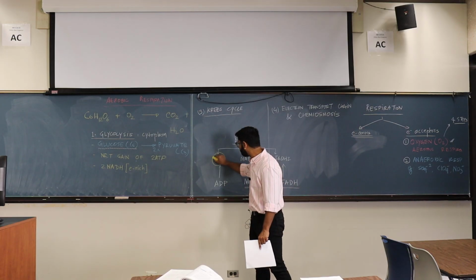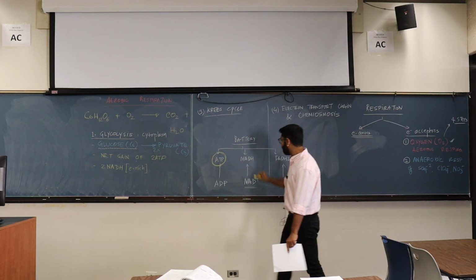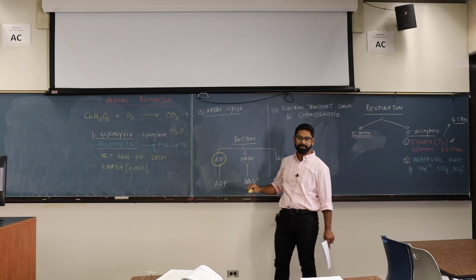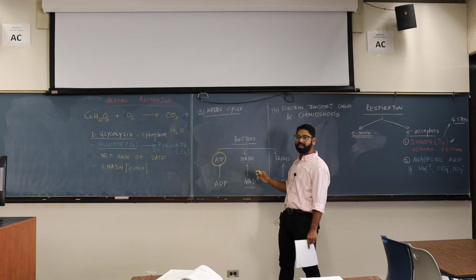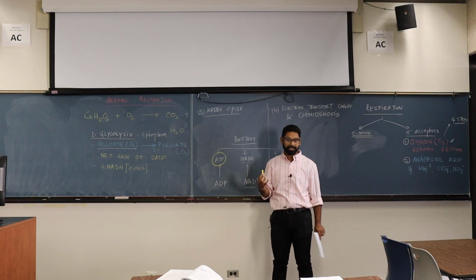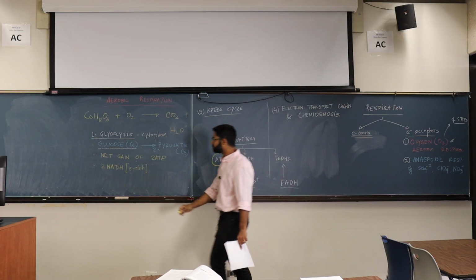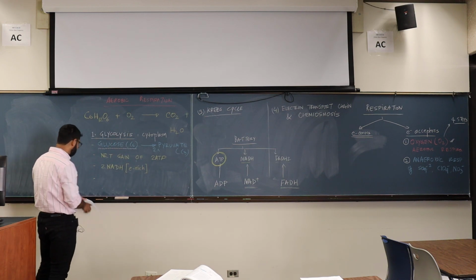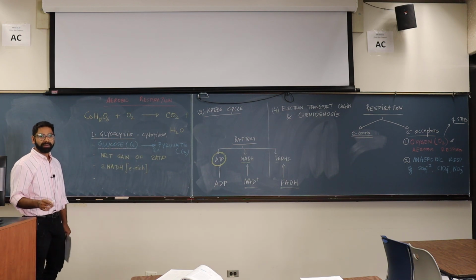This is the most important one. We'll see how these finally help in producing these ATPs. So these are some of the other smaller batteries that are actually helping you to produce the ATP.